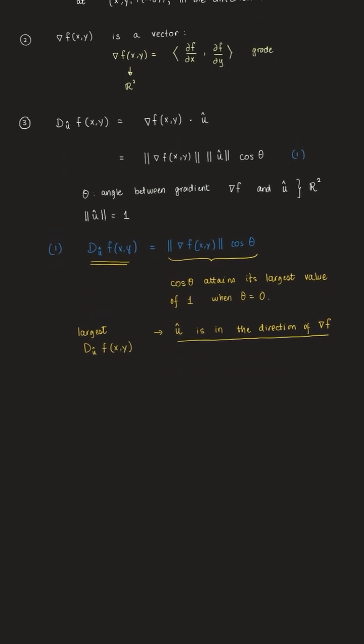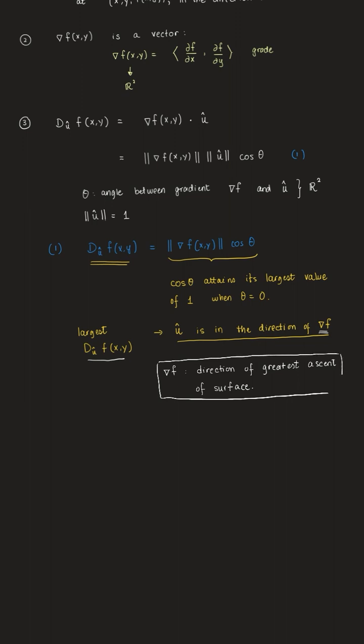So that means that the gradient gives us the direction of greatest climb or ascent of our surface. Because if we pick a unit vector in the direction of the gradient, we get the largest value of the slope. So this is an important finding, that our gradient gives us the direction of largest rise in our surface.